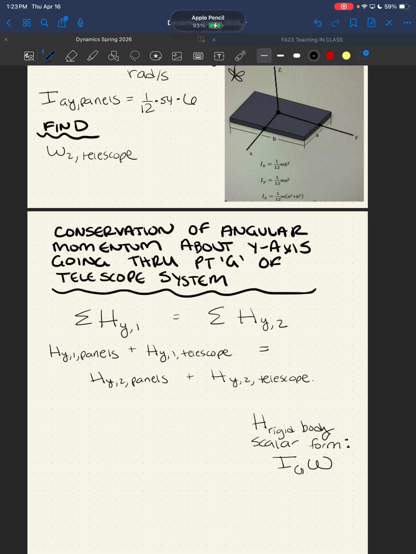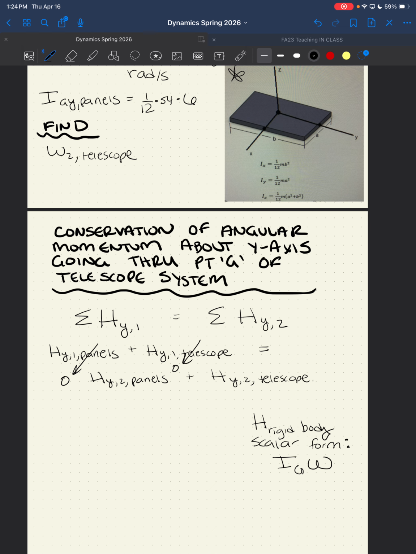Okay, so we had a question about I_G for the panels. We solved that right up front in the known. But the I_G for the telescope is a little less straightforward. We would need to grab that radius of gyration about the y-axis, that 3.85, and interpret that. So we should remember k_G equals square root of I_G over m. That's our radius of gyration equation.